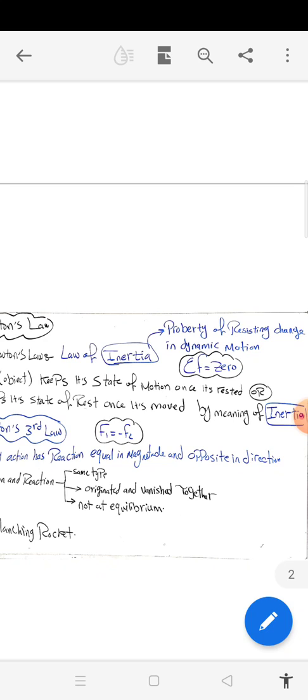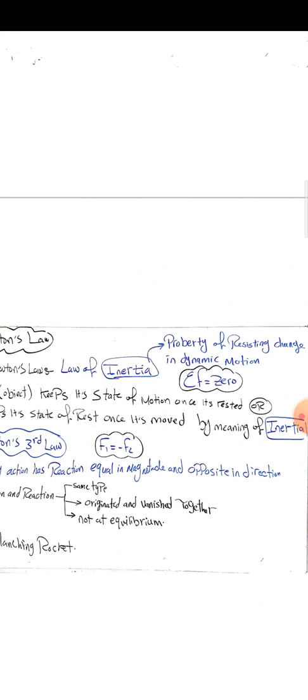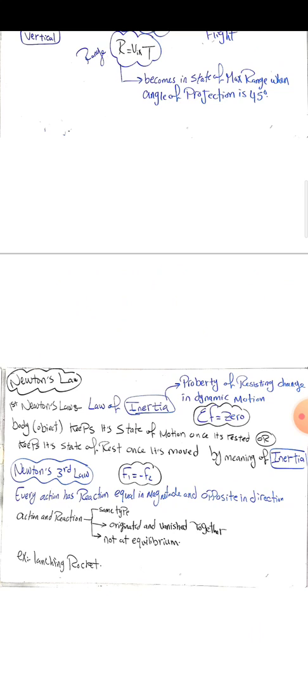If you are sitting beside your father and he starts moving, your body moves backward. If the car is already moving and your father brakes or stops the car, your body moves forward. It's called inertia. Inertia is the property of resisting a change in motion.